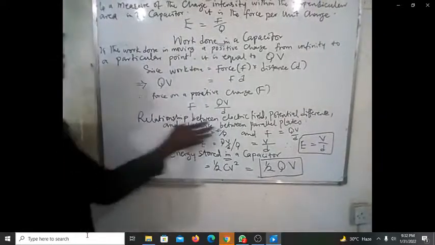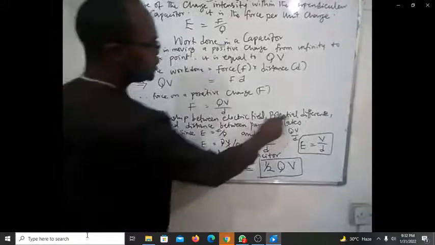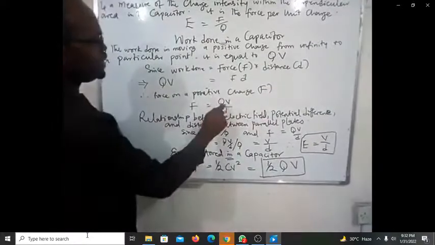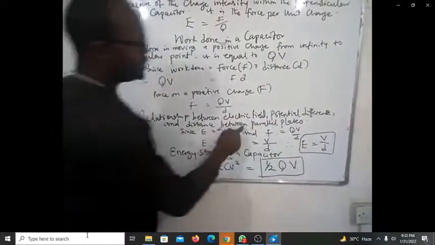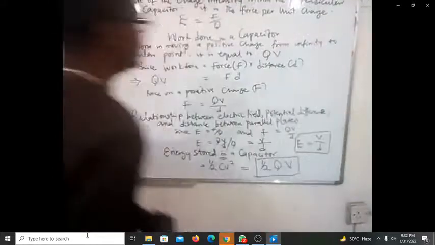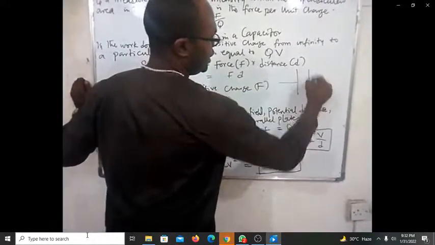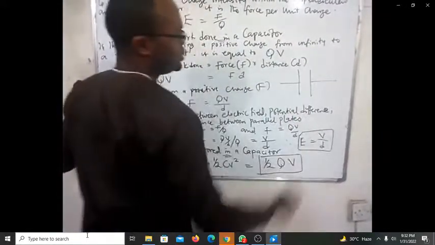Now, when we look at the relationship between electric field E, potential difference V, and distance between parallel plates, this is the representation of a capacitor.